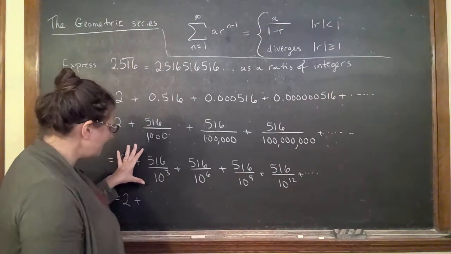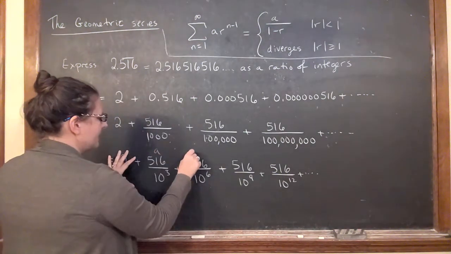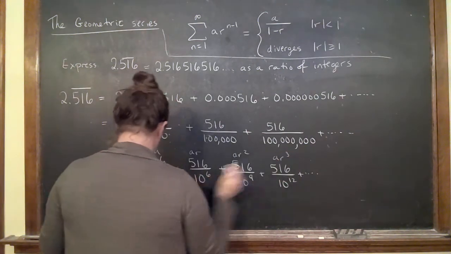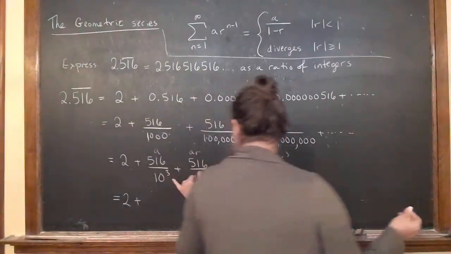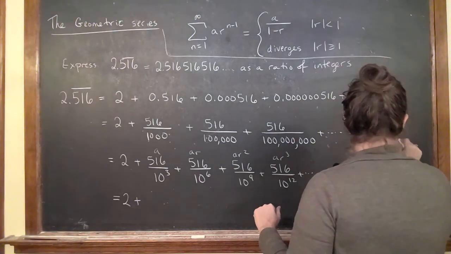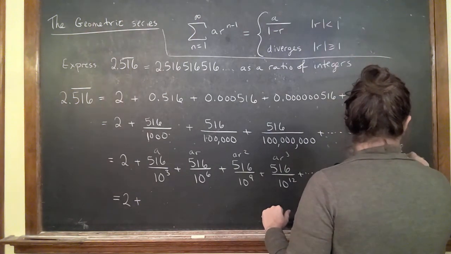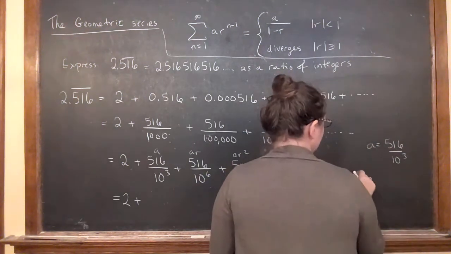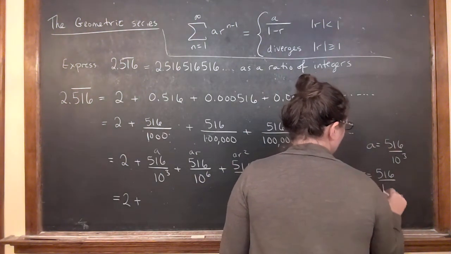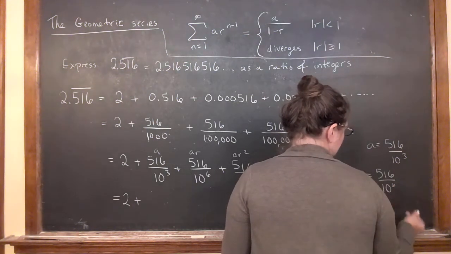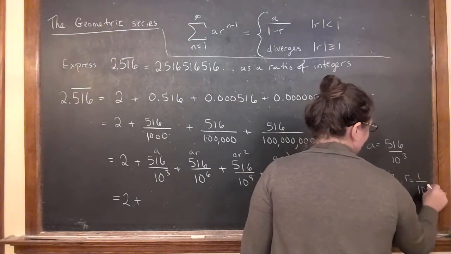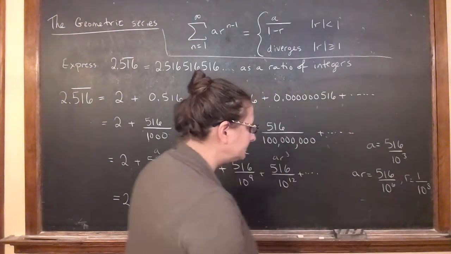So AR squared, AR cubed. It's very clear that my A is 516 over 10 cubed. And if AR is 516 over 10 to the 6th, that tells you your R is going to be 1 over 10 cubed as well.